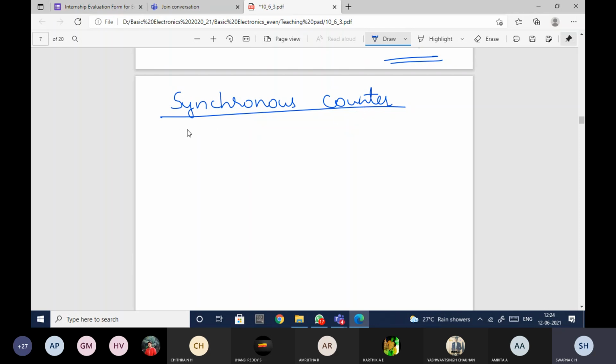Specifically here, you have a mod 16 counter. Again, for a mod 16 counter, you tell me how many flip-flops you need to use. I'm not going to help you. How many bits are required? How many flip-flops are required? Tell me that.